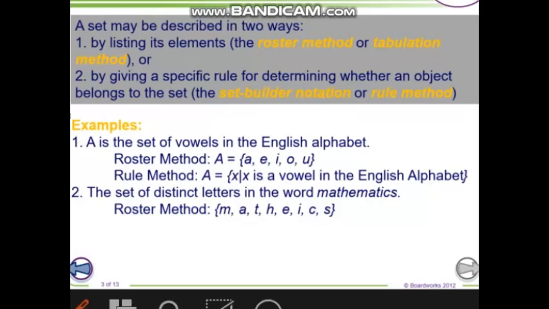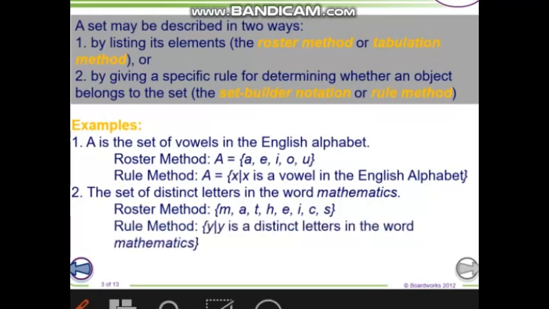We must have a unique element in the set. So though we have two M's in mathematics, we can only write one. Okay. Next, we have the rule method. We have Y, such that Y is a distinct letter in the word mathematics. Now, can you see the difference between them?